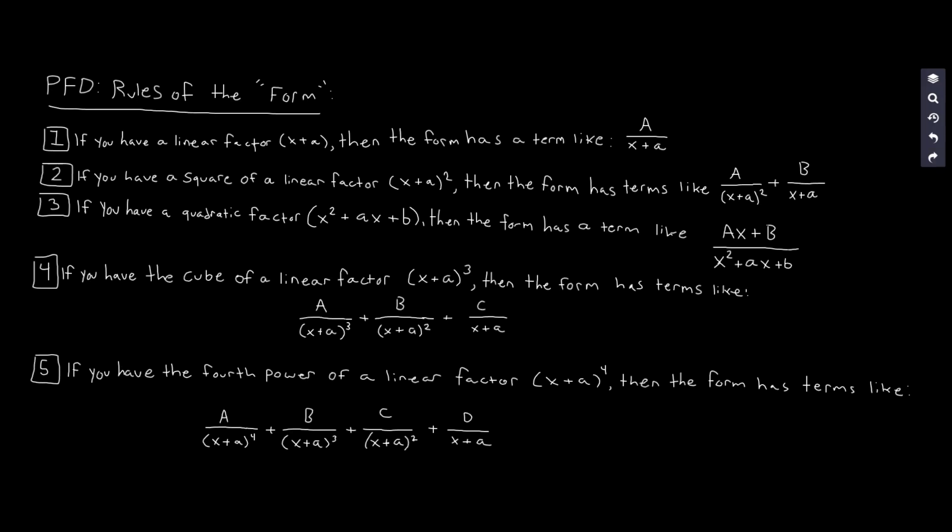Let's see here. So let me get this set up. For the factor of x in the denominator, it's going to be rule 1, and it's going to be capital A over x plus a, such that a is equal to 0. So we're literally just going to have A over x.